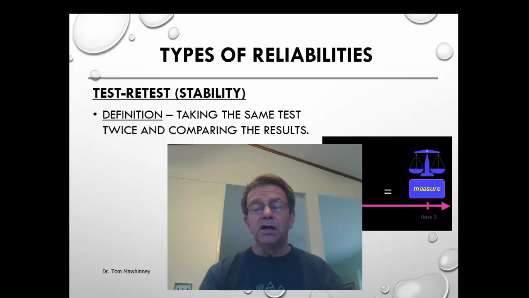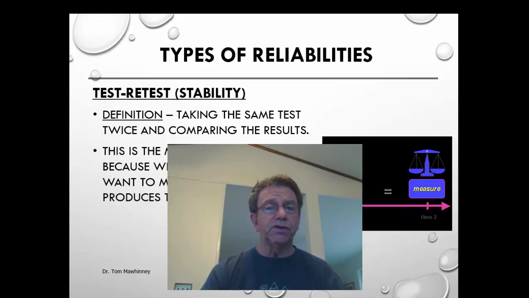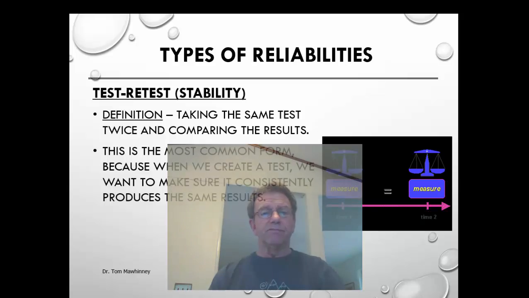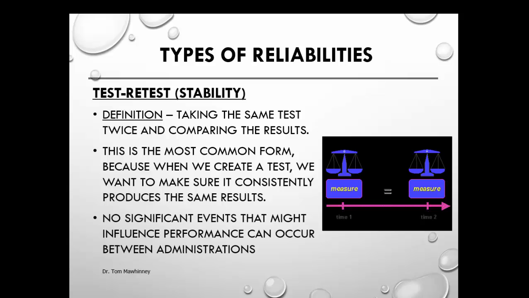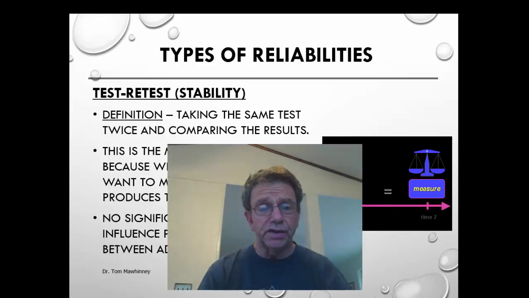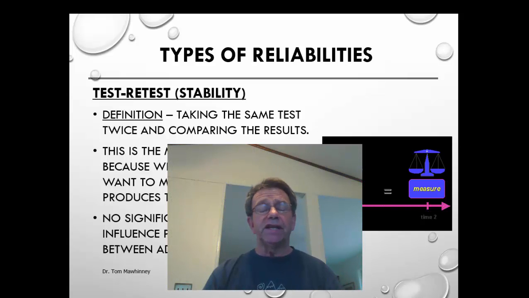And there are some test makers that do that. They will give the test to the same group a few days later to see if they're getting the same results. This is the most common form. This is what people usually talk about when they talk about reliability, that you're consistently getting the same results on the same test. Of course, if you do this, and I'm not recommending you do it, no significant event can happen in between.